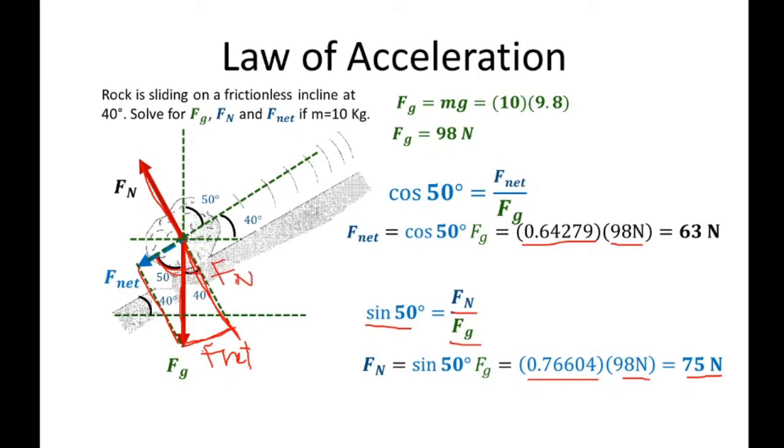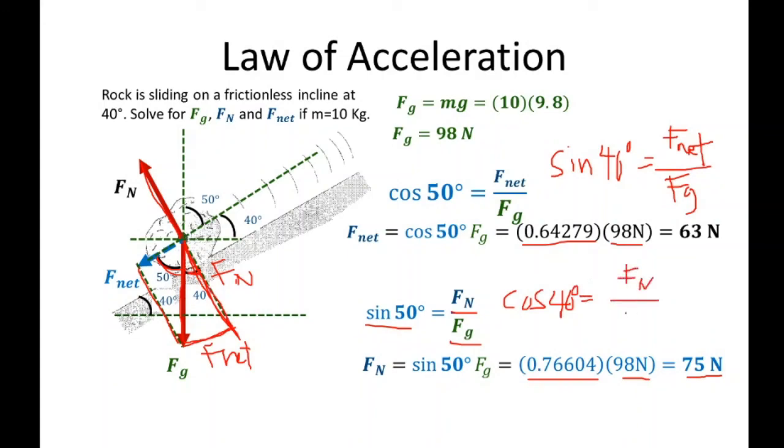Using this angle, Fnet is opposite to the angle, so sine 40 degrees is equal to Fnet over Fg. And Fn is adjacent to 40 degrees, so cosine 40 degrees is equal to Fn over Fg. So the answer would just be the same.